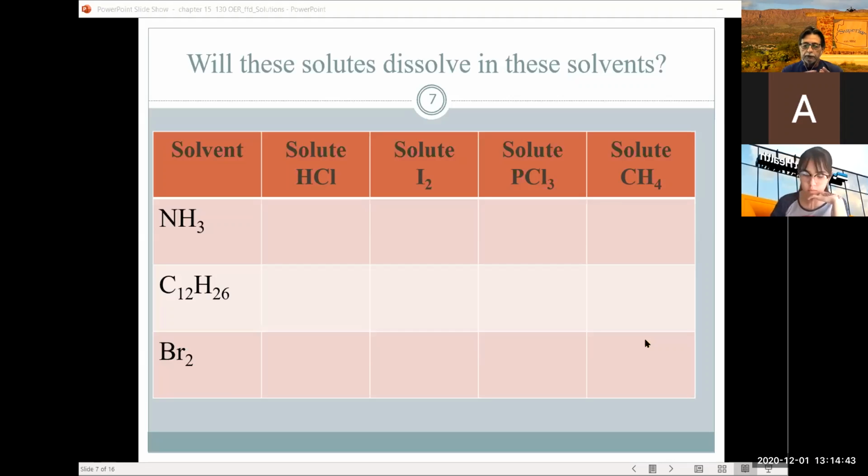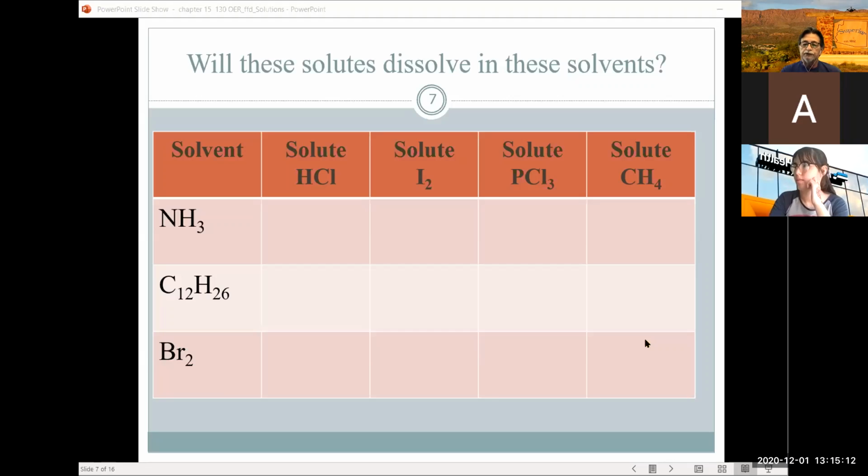On the top axis, we have HCl, hydrochloric acid, I2, which is iodine, PCl3, phosphorus trichloride, and CH4, otherwise known as methane. Those are the solutes. The solvents are on the left column.